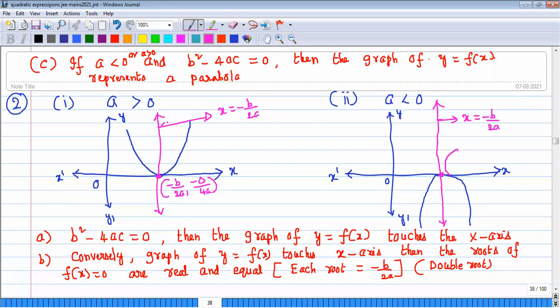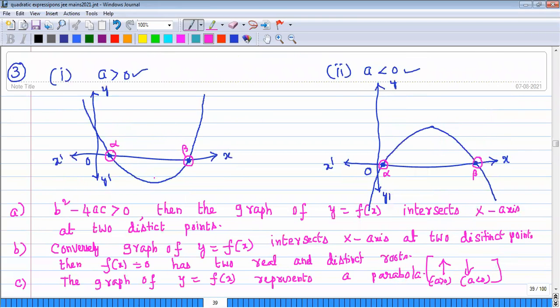Now the coordinates of the vertex are minus b by 2a, comma minus delta by 4a. This divides the parabola into equal parts, what you said is absolutely correct. This is also a line of symmetry about this parabola. This is x is equal to minus b by 2a, whose vertex is the vertex. The x coordinate is minus b by 2a, and the y coordinate is its minimum value, that is minus delta by 4a.